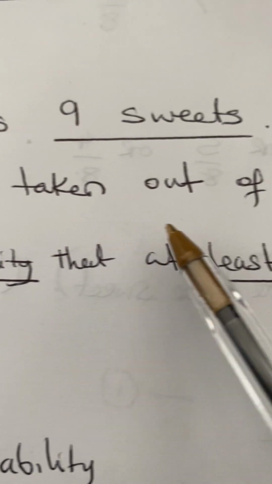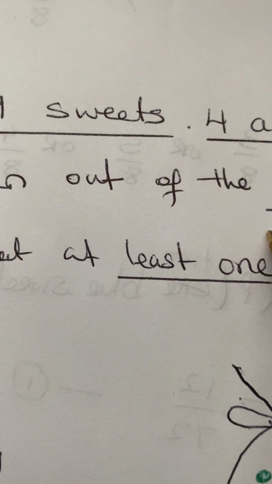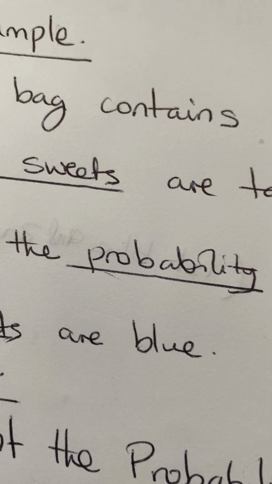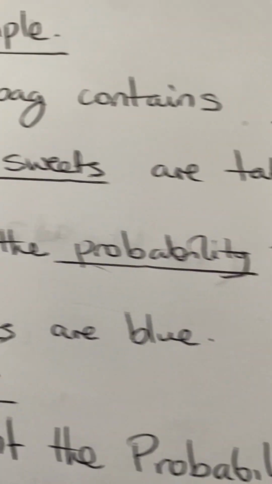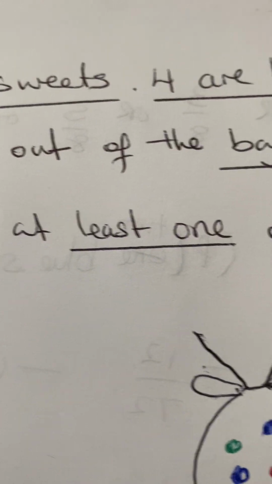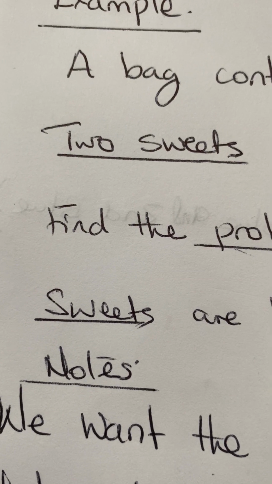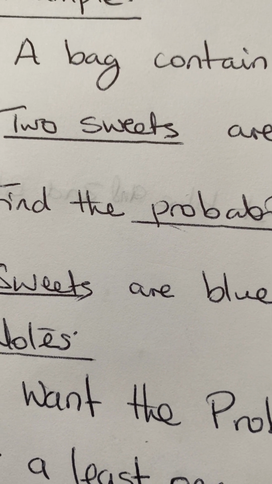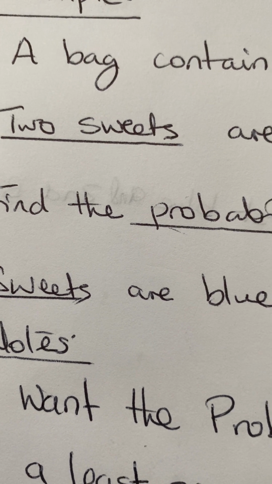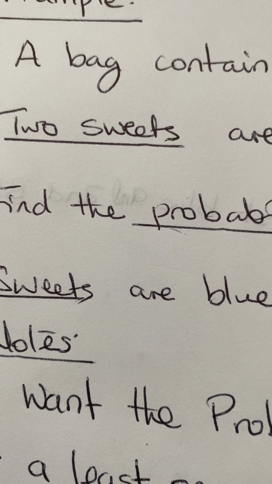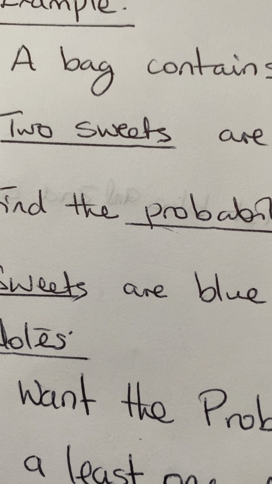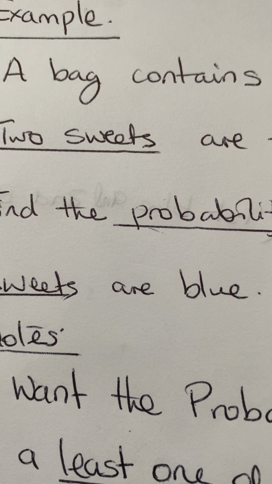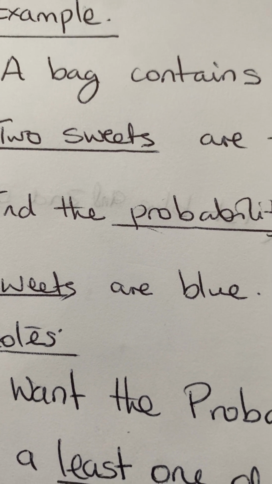2 sweets are taken out at random, so you are going to pick twice. Find the probability that at least 1 of the sweets is blue. So at least means you can pick first blue, second blue. You can also pick first blue, second non-blue.